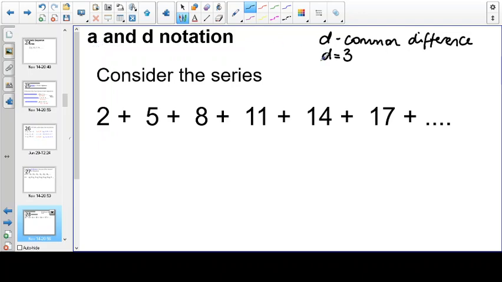A, well, we use A to represent the first term. And A in this case is 2. Okay, so this is just using A just for arithmetic sequences and series. I'm not going to use it for any old sequence, just for arithmetic.